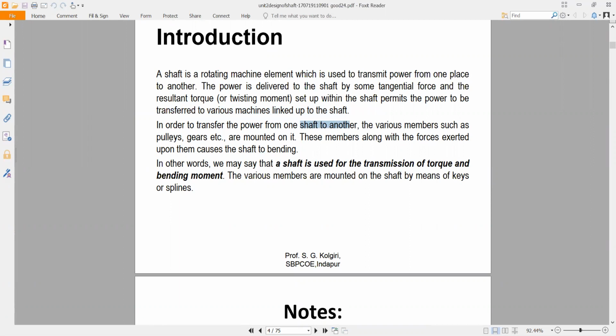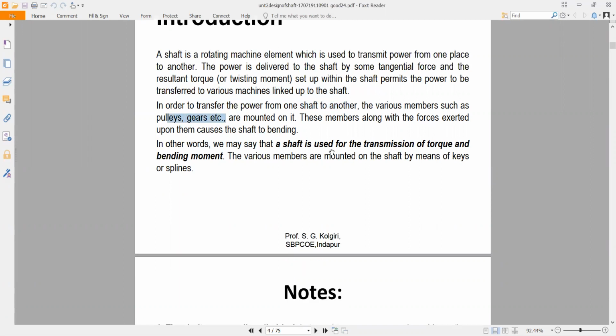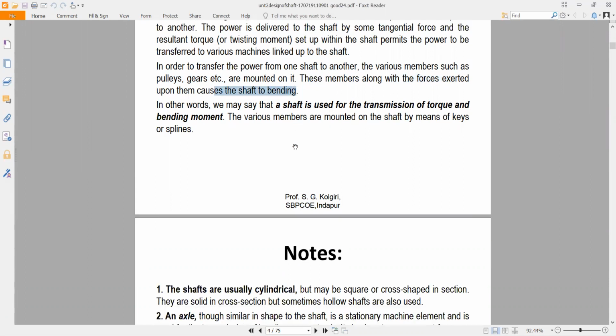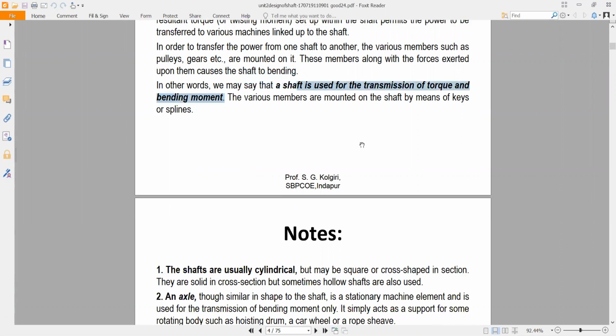You will install members like the pulley or gear on it, so you also have force applied that makes the shaft bend. So we can say the shaft is used to transmit torque and bending moment. This is the introduction.